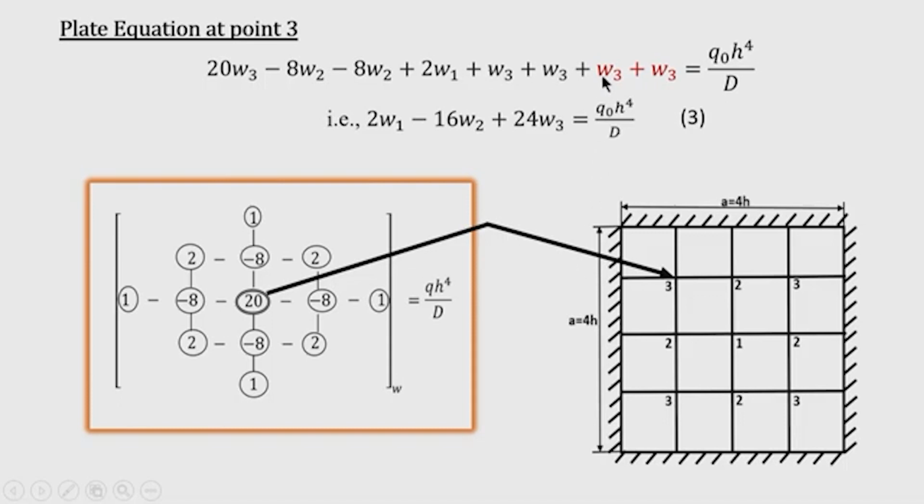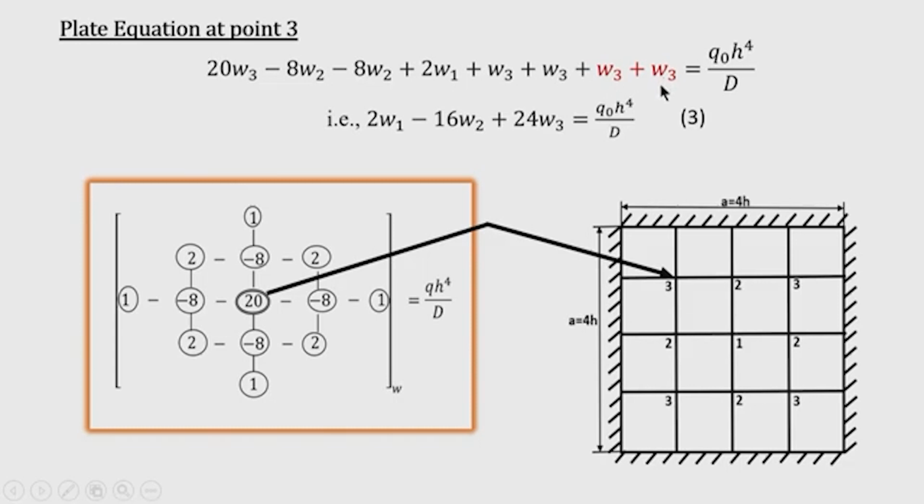So, therefore, two imaginary nodes, because the image point will be 3. One imaginary node goes here whose image is 3, another imaginary node goes here whose image is also 3. So, W 3 are written in red color to understand that these are the image points, and the corresponding imaginary point deflections are related to the image point deflection.